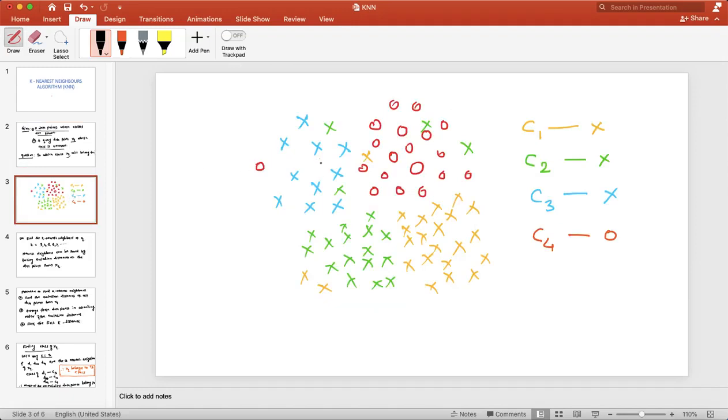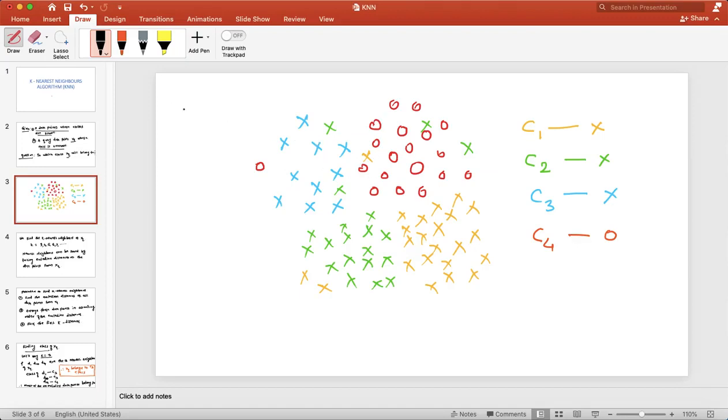Let's say we are given some data points belonging to the classes C1, C2, C3 and C4. These data points belong to the C1 class. These data points belong to the C2 class. Of course, this belongs to the C1 class. The majority of the data points here belong to the C3 class, and the data points here belong to the C4 class.